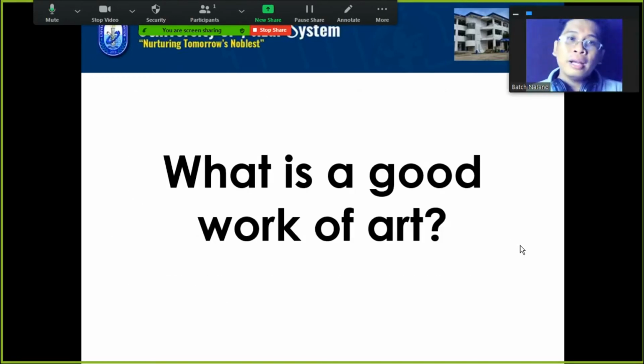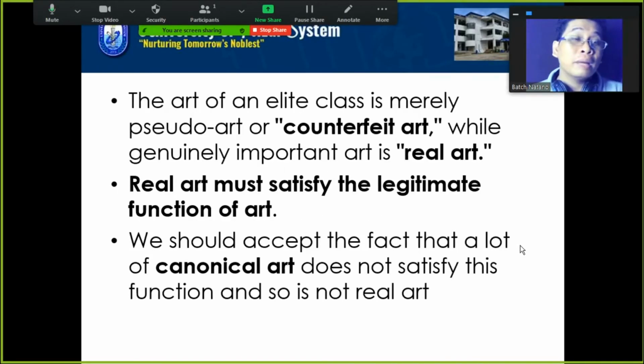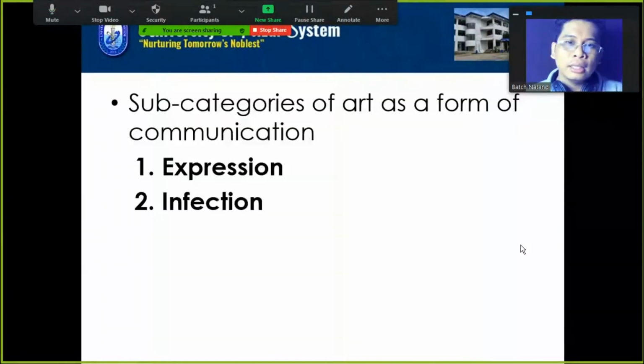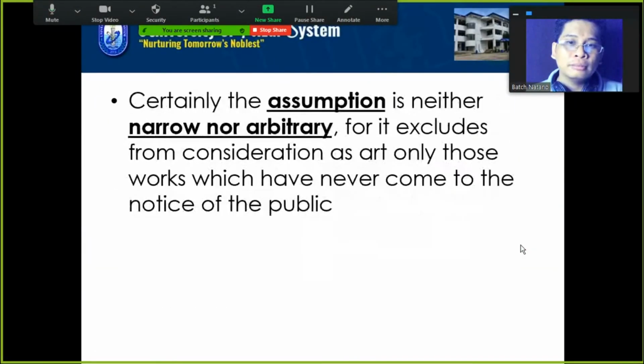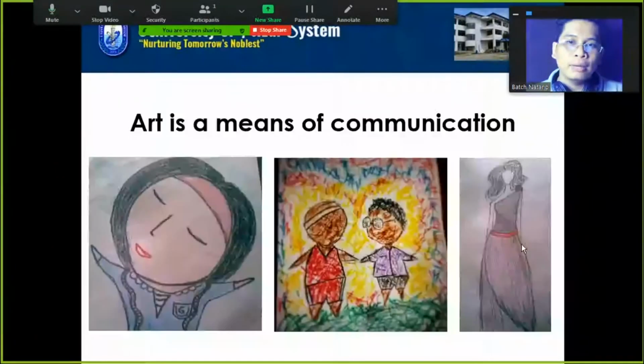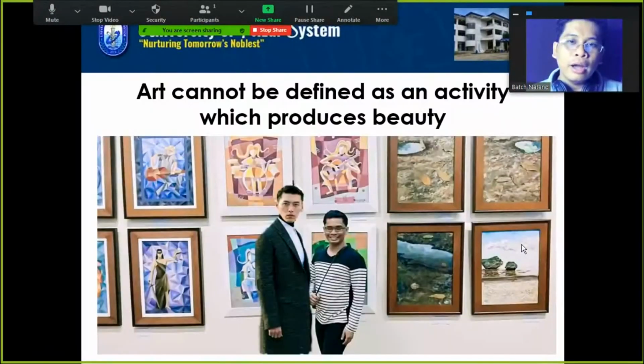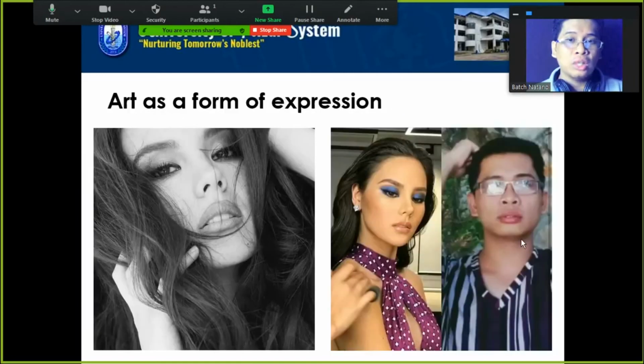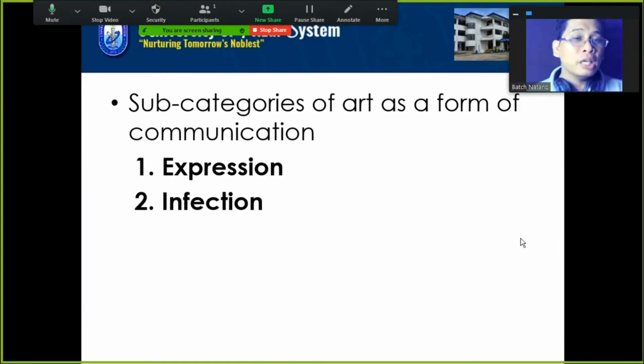So, yun yung art para kay Tolstoy. Balikan natin. Art is a form of expression. Art cannot be defined as an activity which produces beauty. That's number 1. Art is a means of communication. As a form of communication, it has a function to express and a function to infect us.